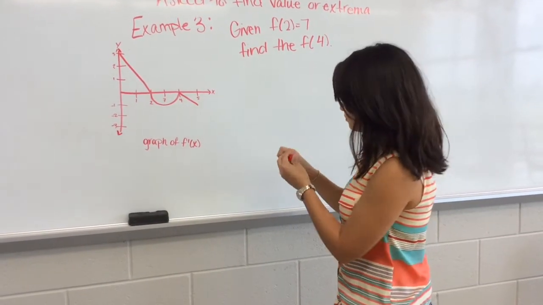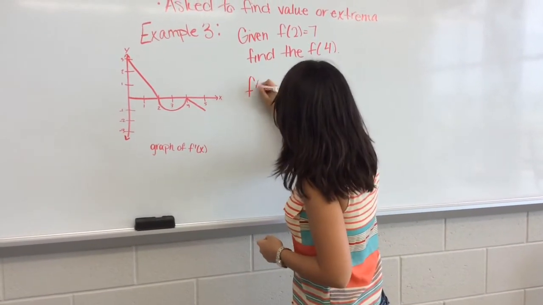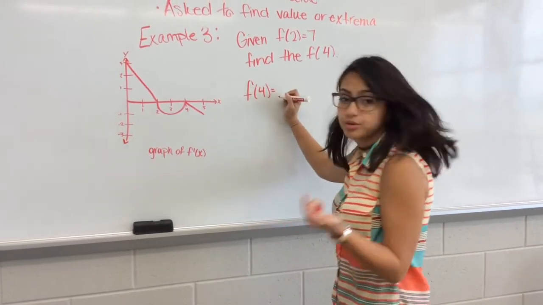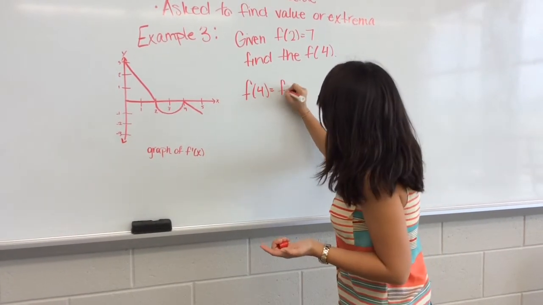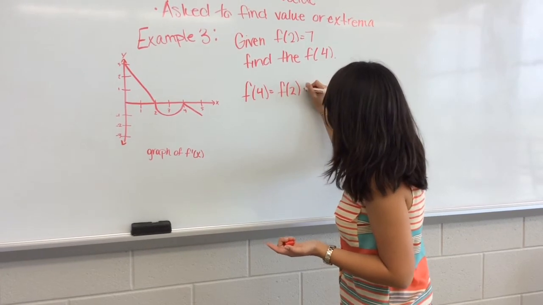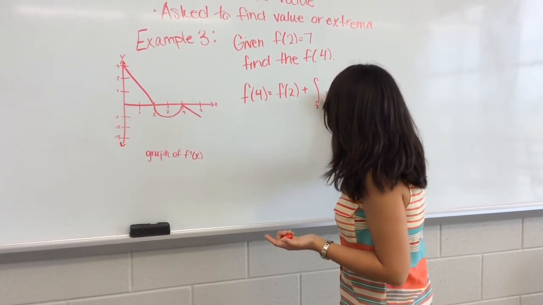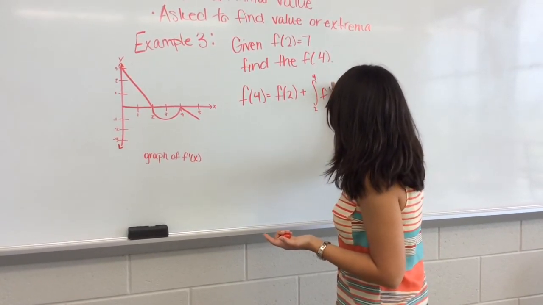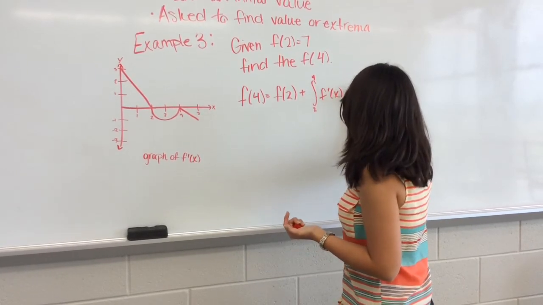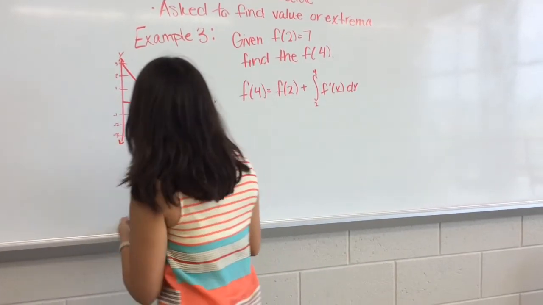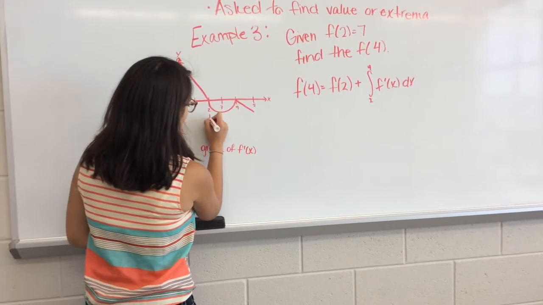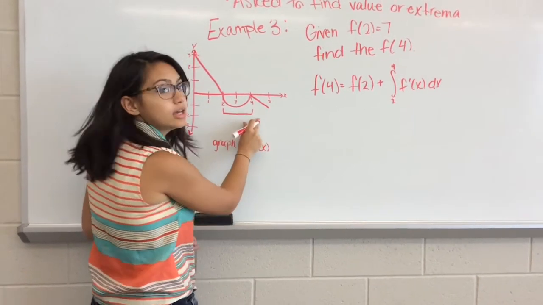So what we're going to do is we're going to say the f of 4 equals, and we're going to use net change, of course, the f of 2 plus the integral from 2 to 4 of f prime of x dx. And then we're going to look over here, and right here to right here is our interval.